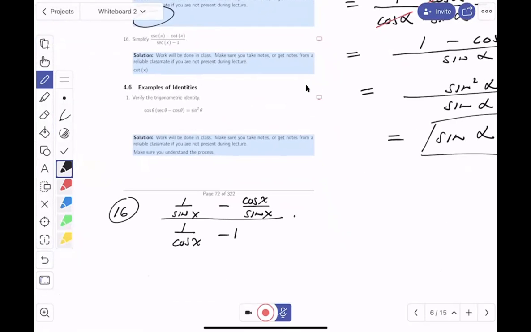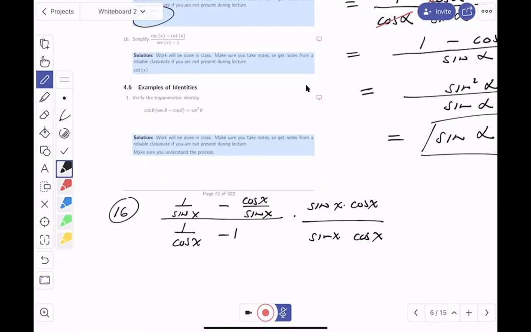Again, I'm just doing things a little differently each time, but for the most part, you've got to develop a style yourself. And someone says, well, I don't like what you're doing. I want to do something different. We want to encourage it. Do something different. So I can multiply top and bottom by sine x cosine x.